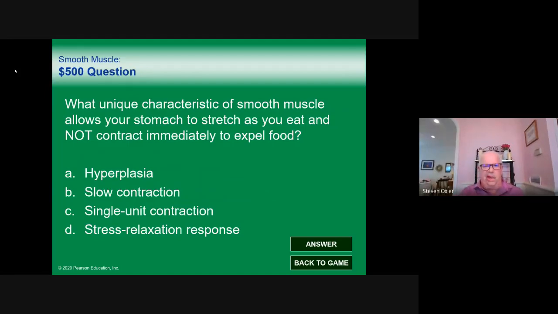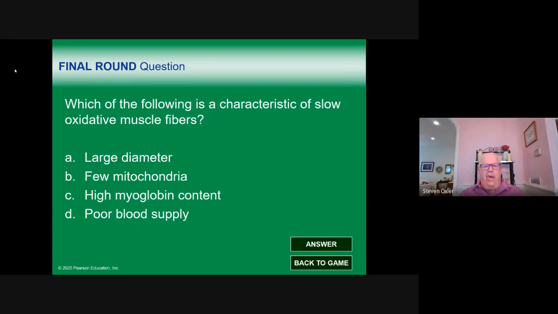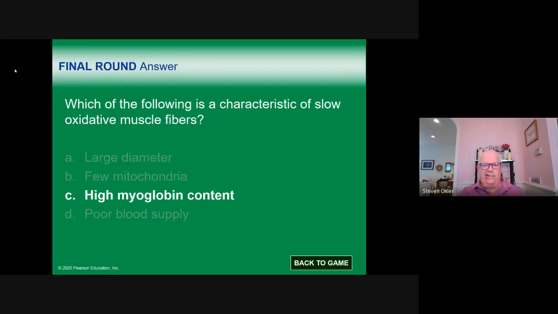No way in the world would I ask this question. Which of the following is characteristic of slow oxidative muscle fibers? And I hear crickets, so I'll tell you the answer. The answer is high myoglobin content.